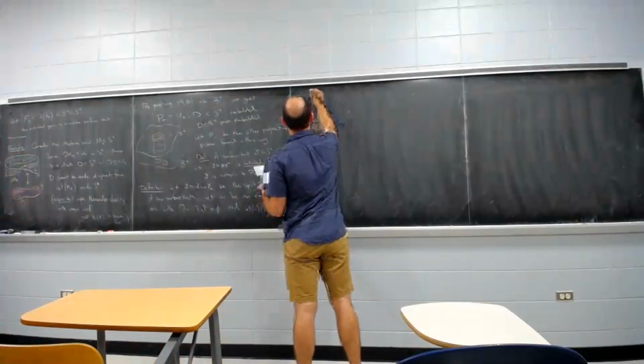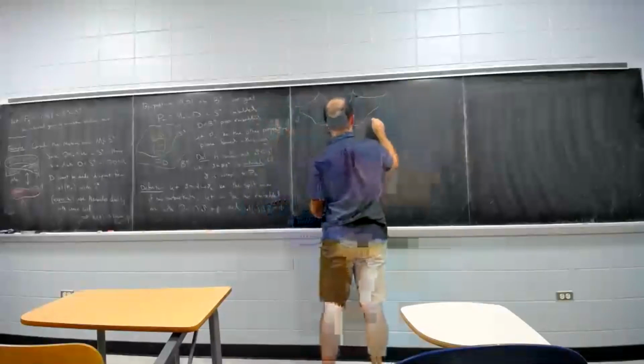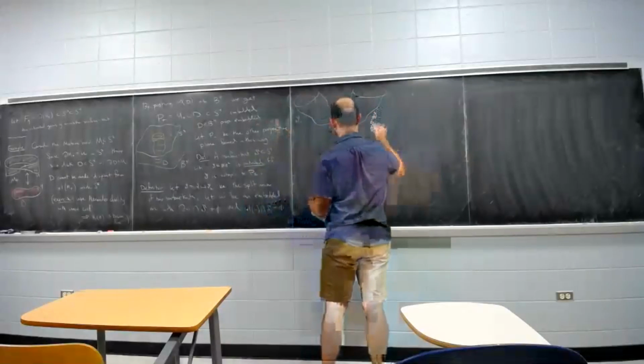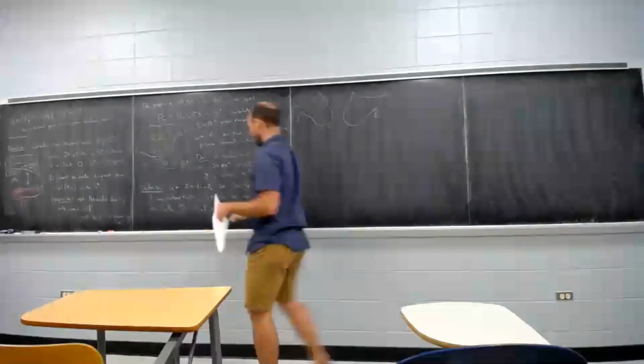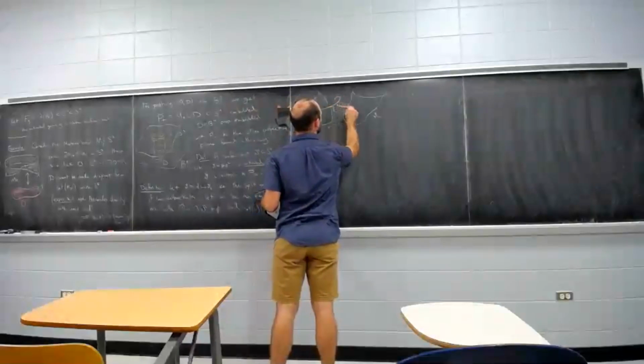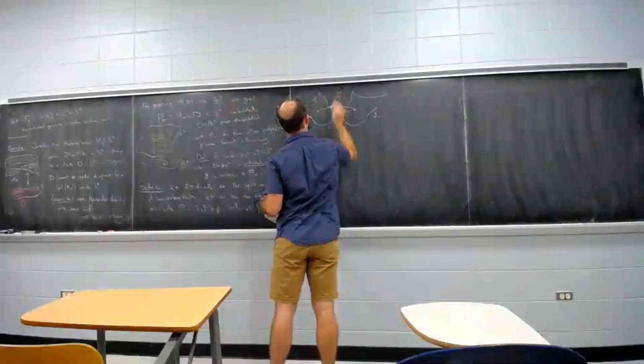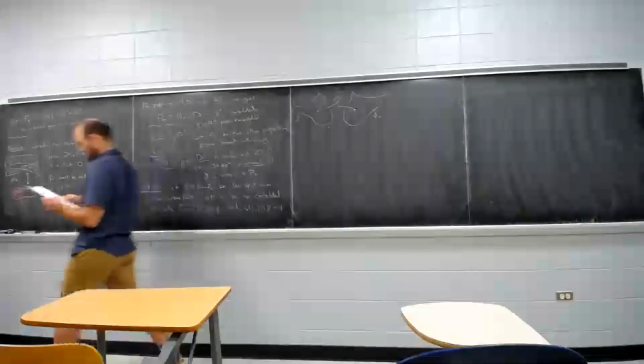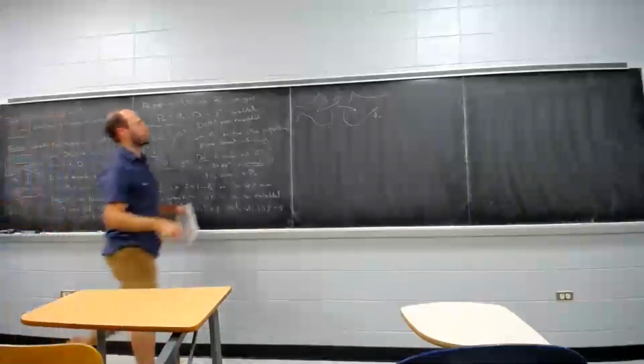So we've got some pieces of surfaces, S1 and S2, and then we've got this arc omega. I don't know why I drew it with a curve. There it is. Okay.